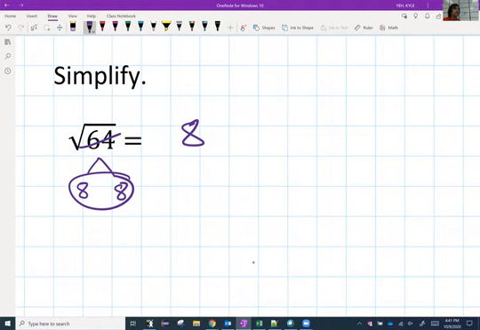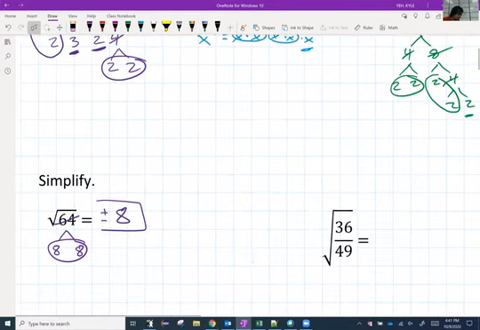And we know that. Some of you might be saying, though, what about plus or minus 8? Because wouldn't negative 8 squared also equal 64? And the answer is yes. This is where it gets a little bit confusing whether we're just taking the principal positive root or taking both, because technically all of these are plus or minus.